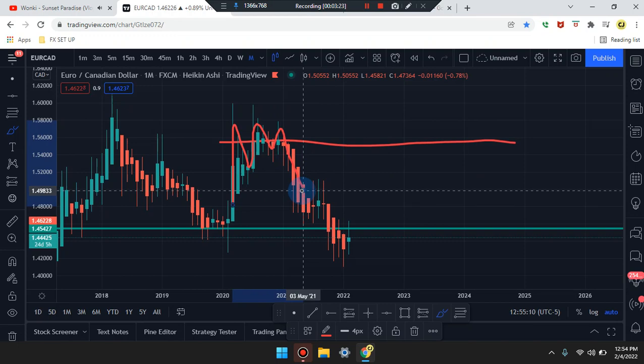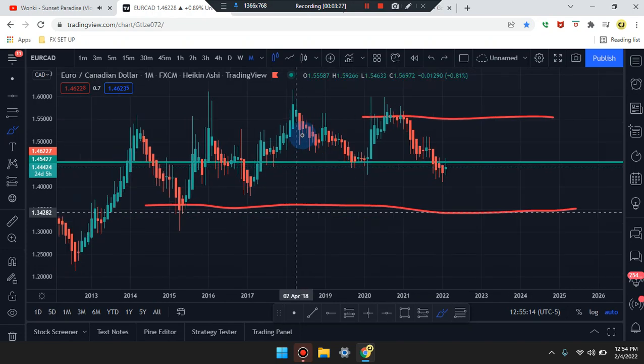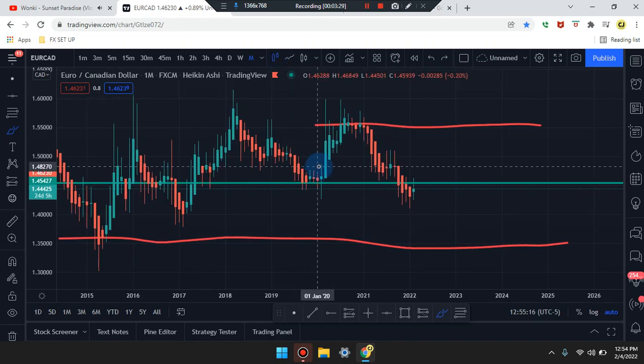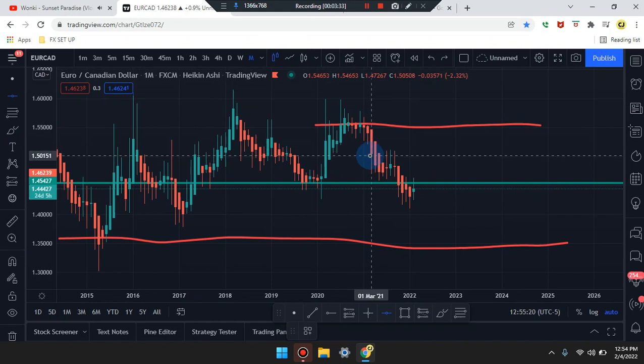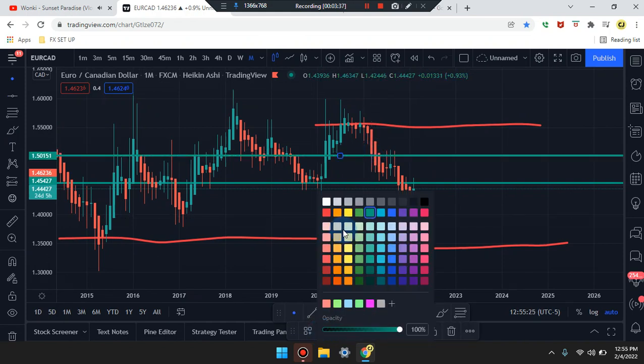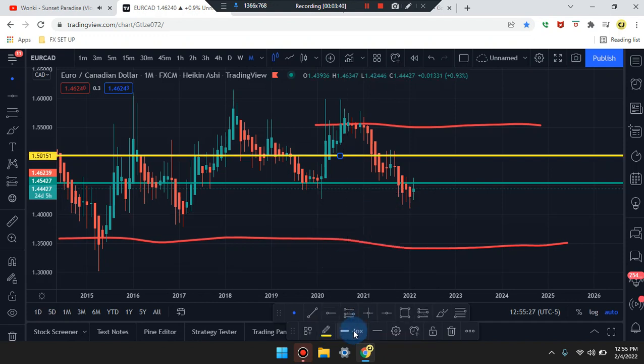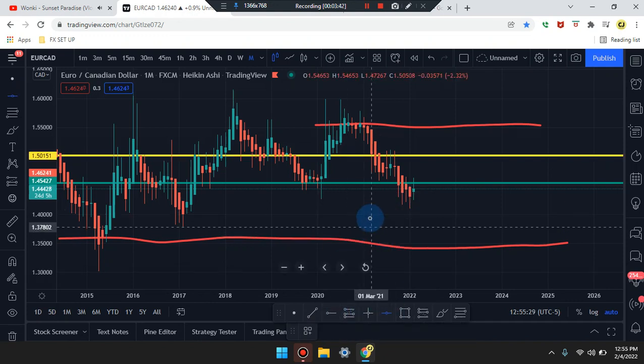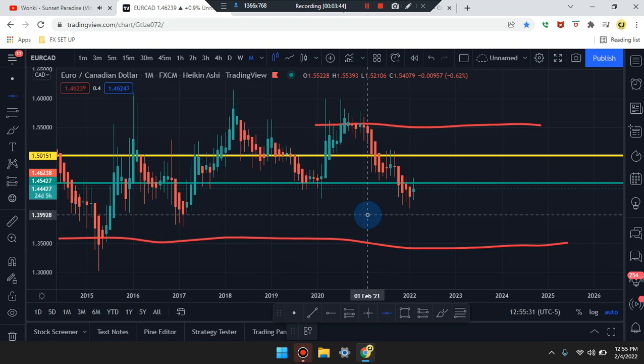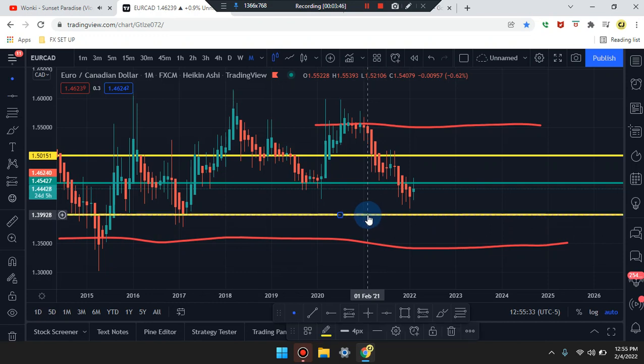So we may see a triple top or maybe a quadruple top on that weekly time frame as we walk down. So let's see what's going on. Let's add the second level highs. We're going to add the second level lows. We can see what's going on in that area as we walk down.